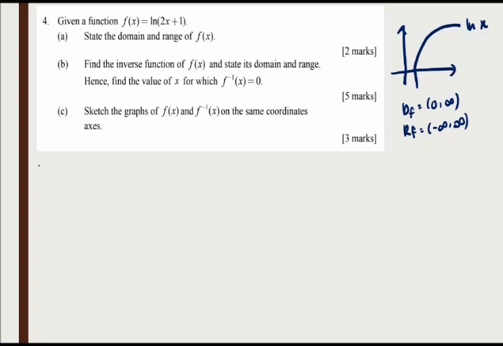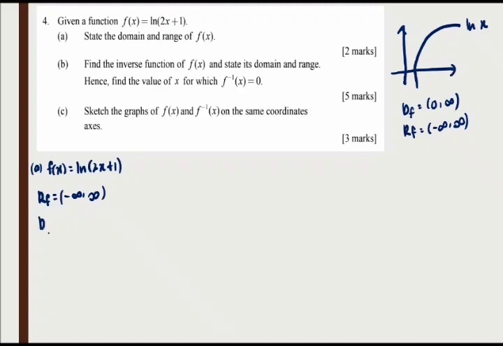So if we look at the function that we have, f(x) = ln(2x + 1), our range will always be negative infinity to infinity for any ln function. Let's just write that down first.